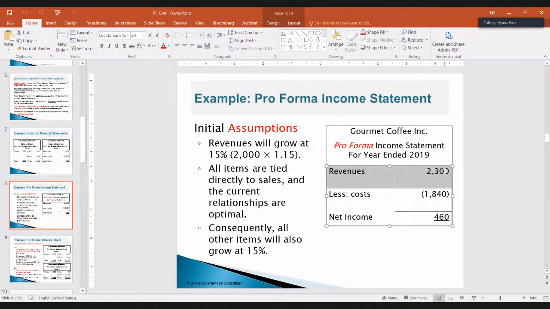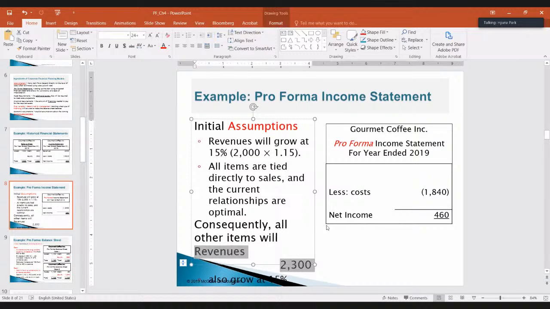Then I told you you need to make reasonable assumptions. So what are reasonable assumptions? So we have 15% growth assumption in sales. And what's going to happen to the cost? So reasonable assumption should be, yeah, sales grows by 15%, costs grow at the same rate.